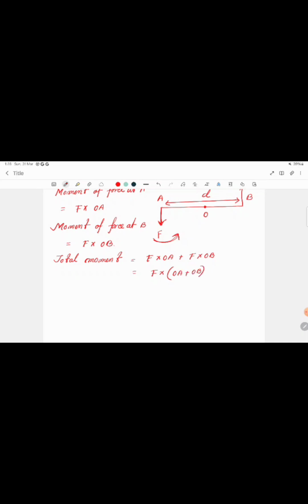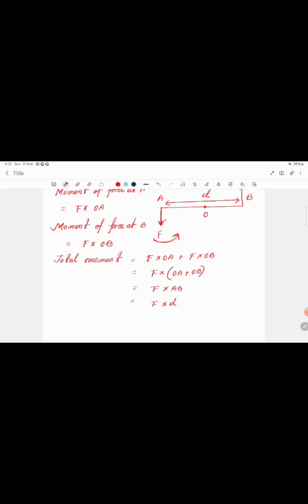OA plus OB means the total AB, so F into AB, and AB means d, so we can write F into d only. This is called the moment of a couple. The moment of a couple is force into the perpendicular distance between the two forces, or the couple arm. So this way also we can calculate the moment of a couple. Keep it in your mind.